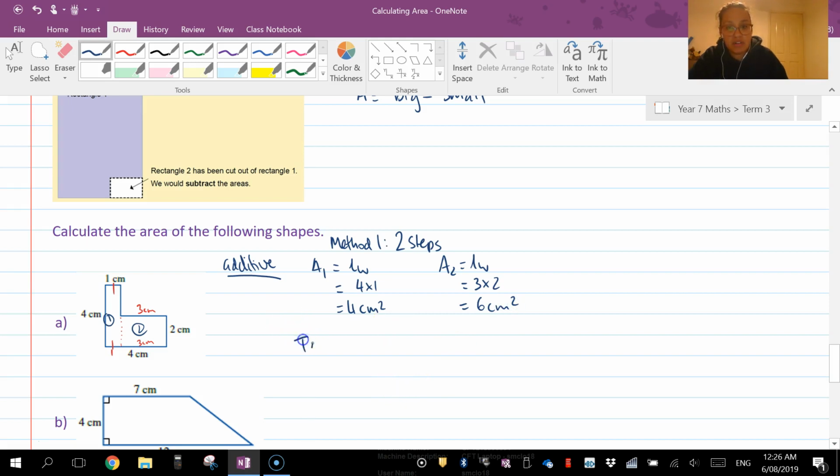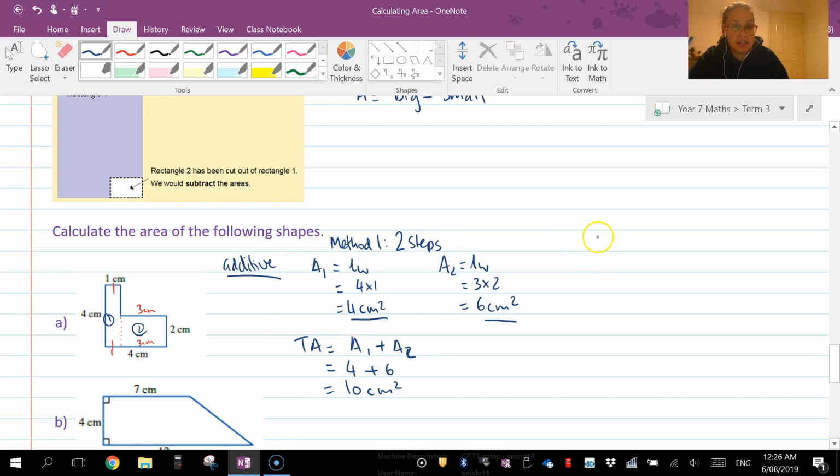Then I would go total area equals A1 plus A2. Substitute these values in, 4 plus 6 equals 10 centimeters squared. So that's method 1, where you have 2 steps, where you find all the small pieces and then you find the total area.